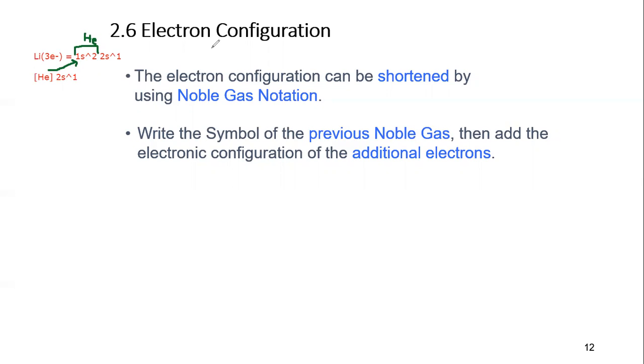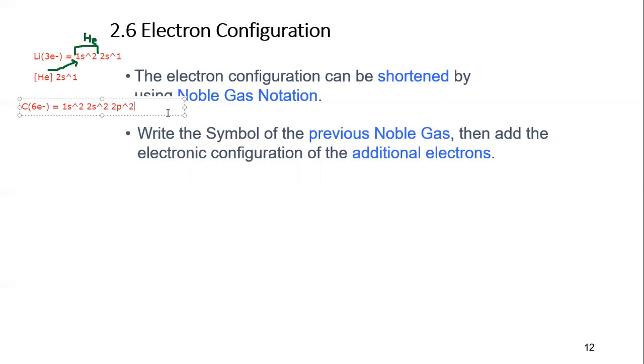Now if we look at carbon, we looked at carbon on the previous slide. Carbon has 6 electrons. So we go 1s2, 2s2, 2p2. And if you look at carbon, the preceding noble gas is helium.